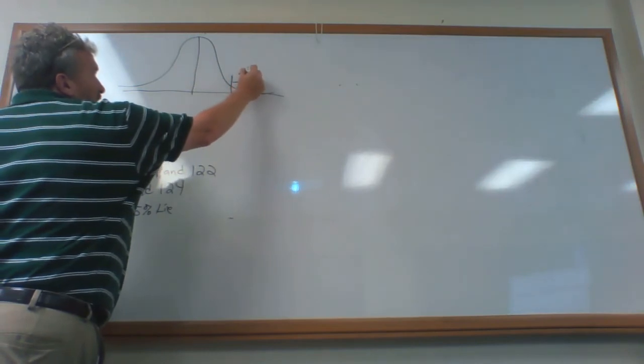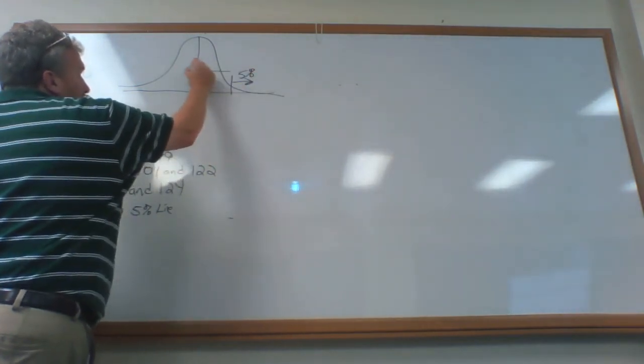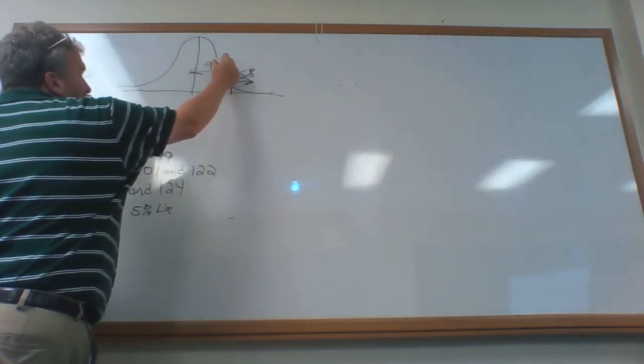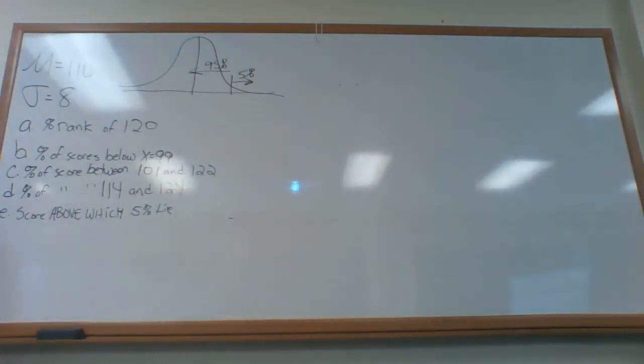So that 5% is up here. That means 95% would be below it. It's asking you, what is the score marking the 95th percentile? What's the score that has a percentile rank of 95? It's just a third way of asking the same question.